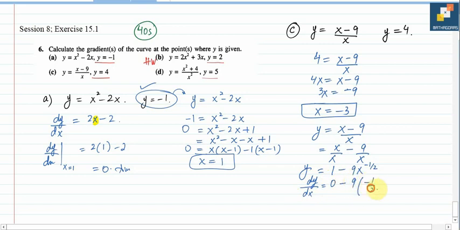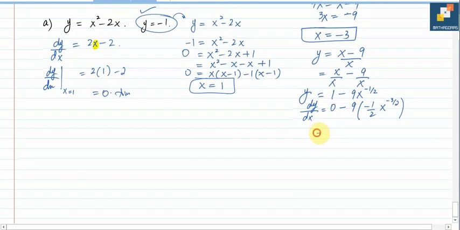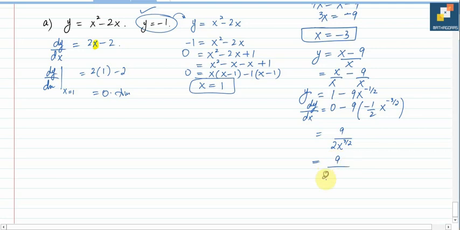First you write down the power and then subtract 1 from the power, so it's minus 2. So minus minus plus 9 divided by 2. If you shift x into the denominator, it's x power 3 divided by 2, right? Now it will be 9 divided by 2, x power 3 divided by 2.